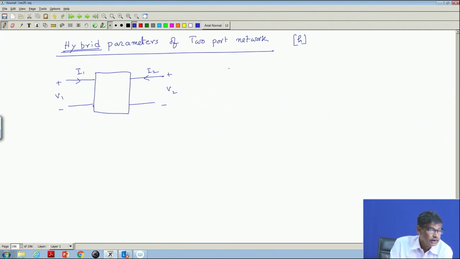If we try to write down these quantities, I will express V1 as a function of I1 and V2, and I2 as H21 I1 plus H22 V2.